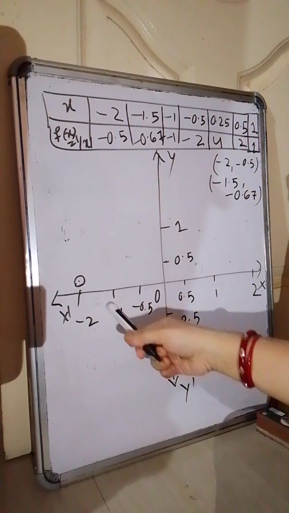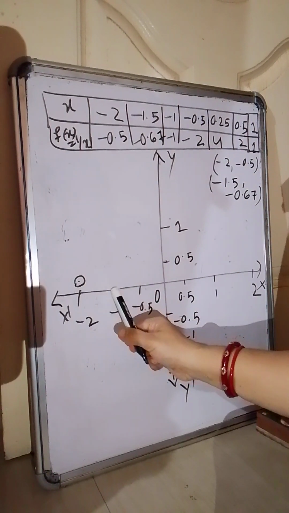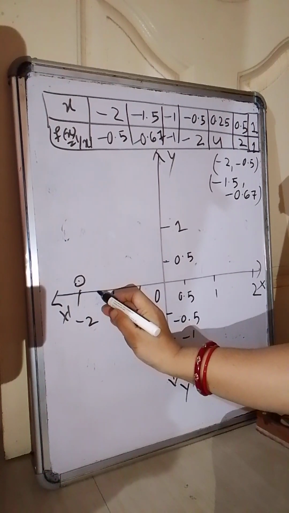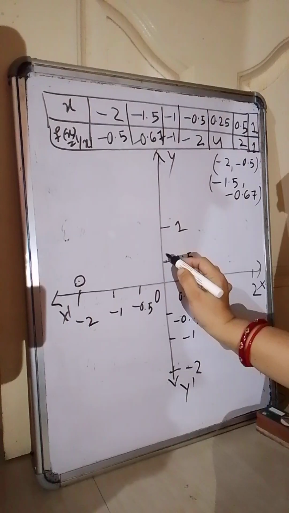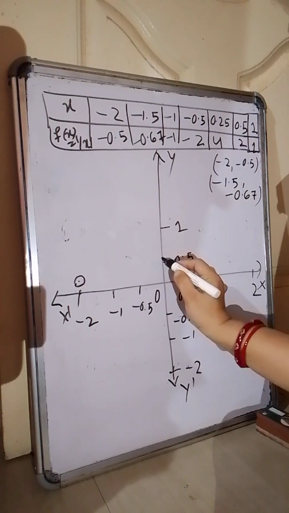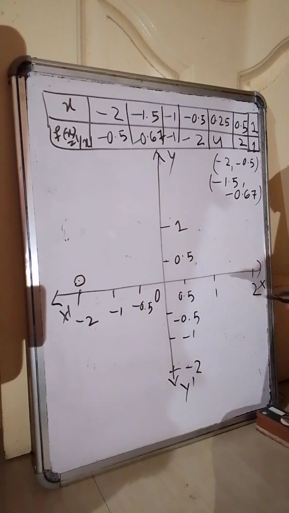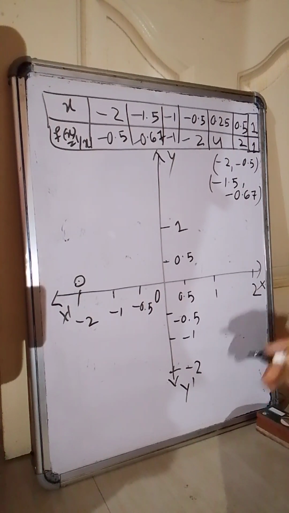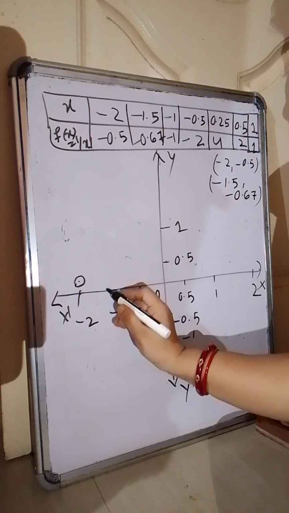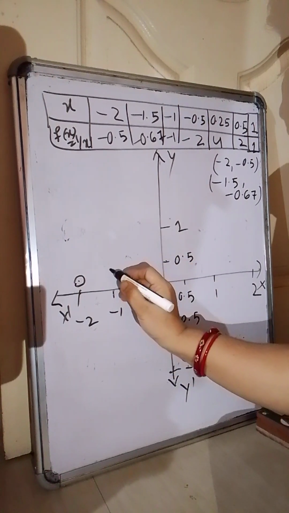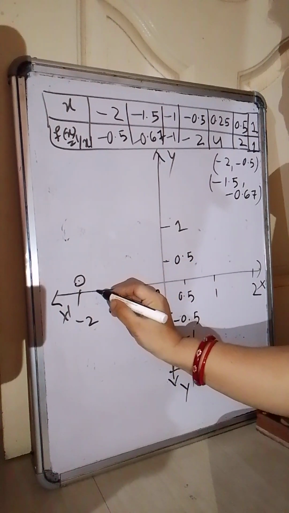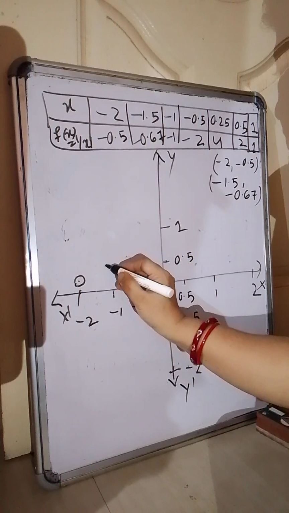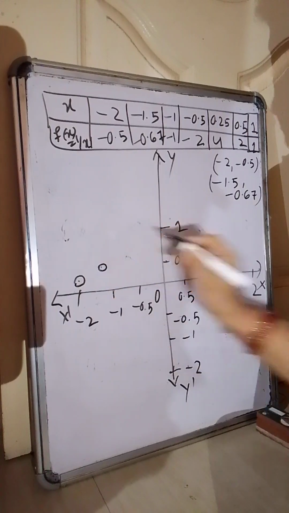See where minus 1.5 lies here. When x is minus 1.5, y is minus 0.67, means here, minus 0.67. So this is minus 0.5 and this is 1.5, and the point lies over here.